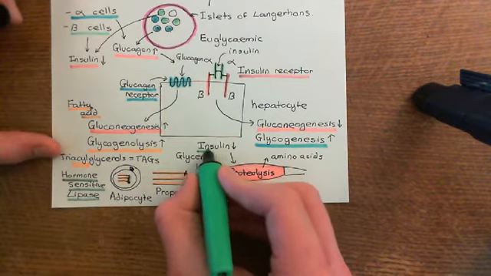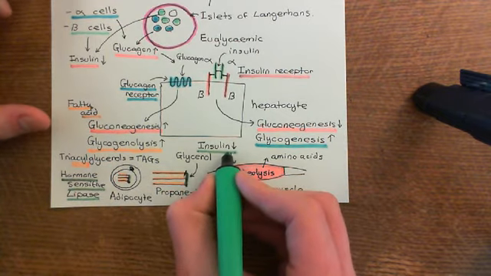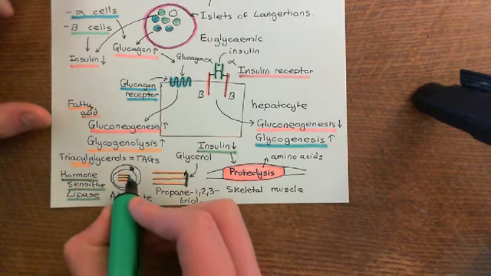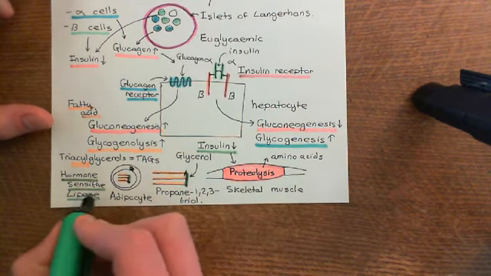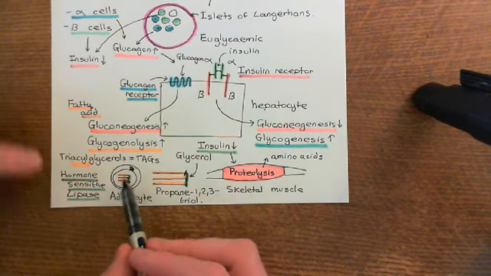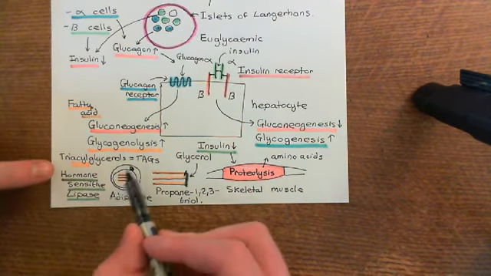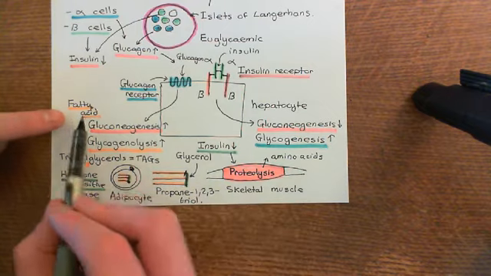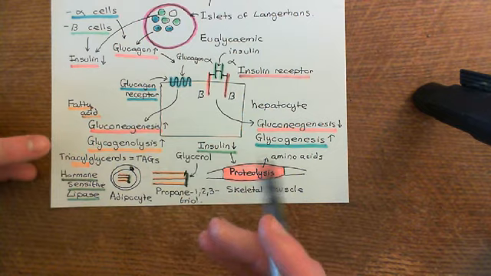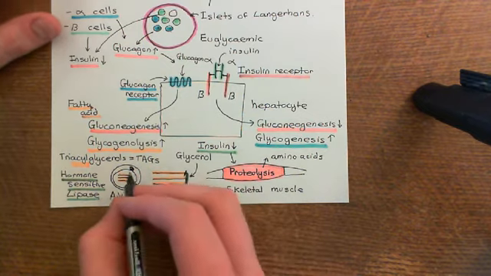When insulin is low, because we're in the fasting state, then this will stop. Insulin will stop inhibiting hormone-sensitive lipase. Hormone-sensitive lipase will become active and it will break down triacylglycerols to release the free fatty acids, and the free fatty acids will then be released into the blood. Now let's just talk about this a little bit more.